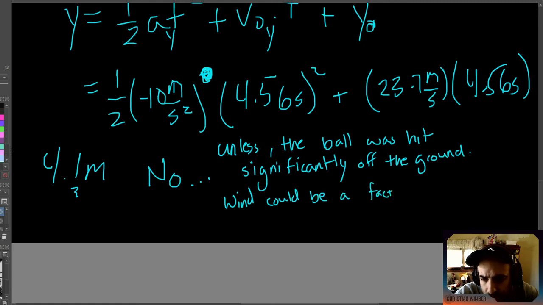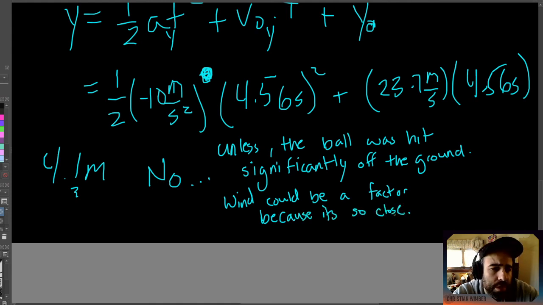Now, something that we haven't talked about in our physics class at all, because it's so close. If you were someone who actually did this for a living, if you actually looked at this sort of physics, you'd have to start thinking about things like the spin on the ball.